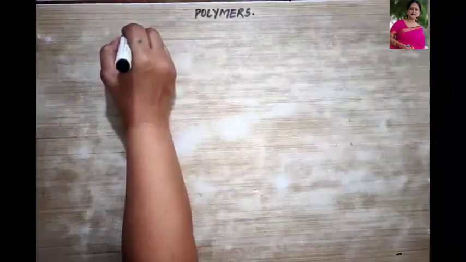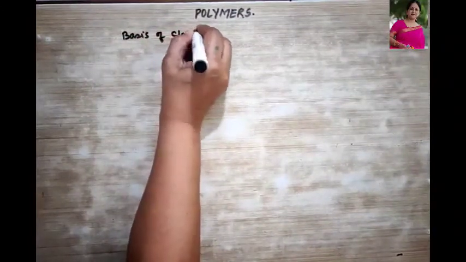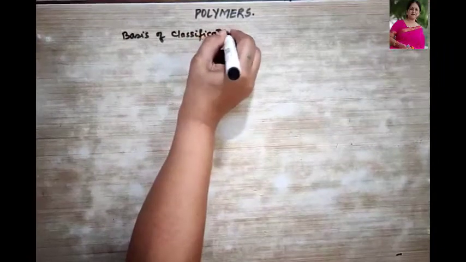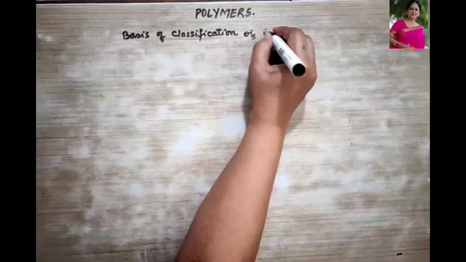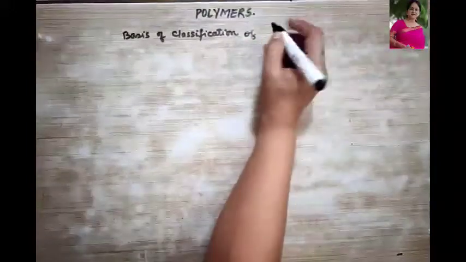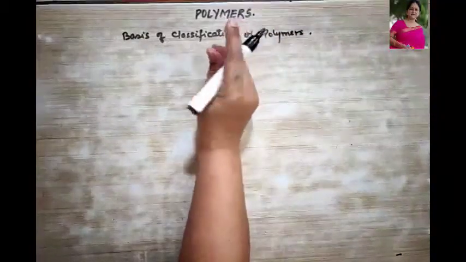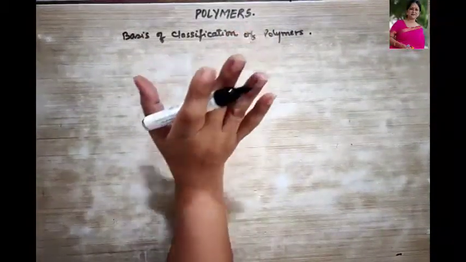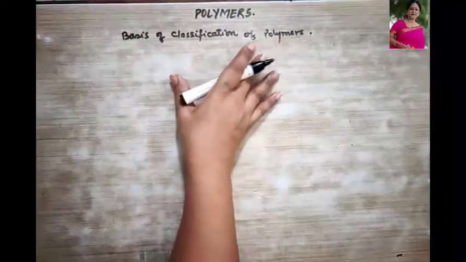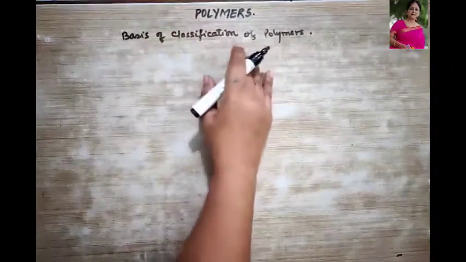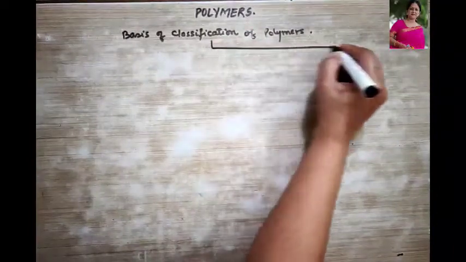So let us start with the basis of classification of polymers. For the systematic investigation of the properties and the uses of the polymers, they have been classified into 4 types basically. Let me explain it to you.